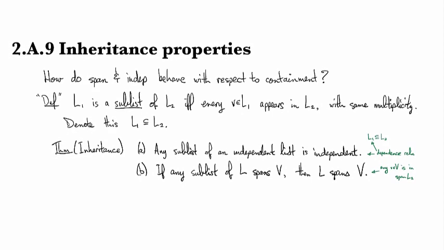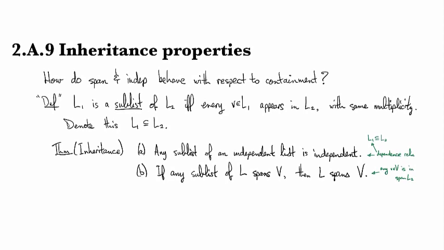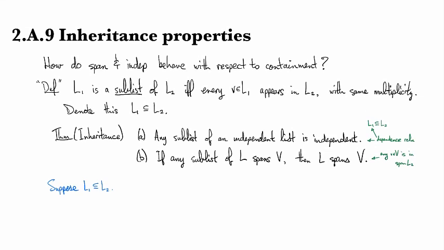To sort of see the strange symmetry between these two ideas of independence and span, I'm just going to rewrite the theorem in slightly different jargon. So let's suppose L1 is contained as a sublist of L2.